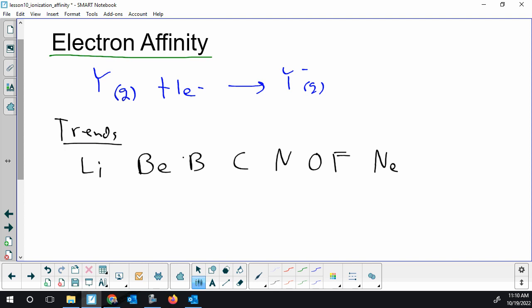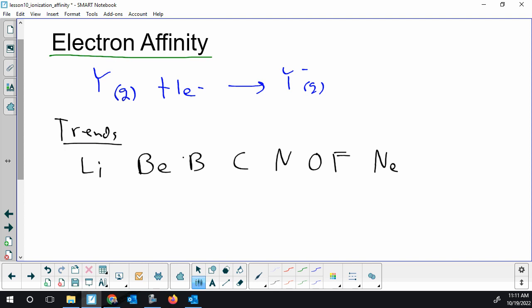So we look at Z, and we're going from 3 protons in lithium to 10 in neon. I'm not going to label that again. You may want to put in those Zs, or you've been writing in a lot, you might leave them out. Okay, so lithium 3 protons, neon 10. So what's that going to do to the attraction of electrons?